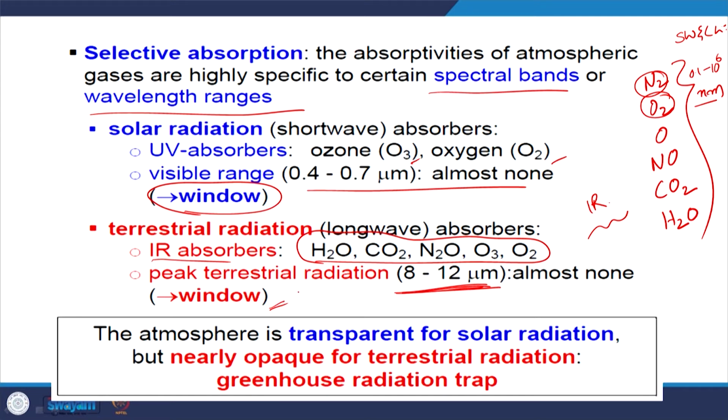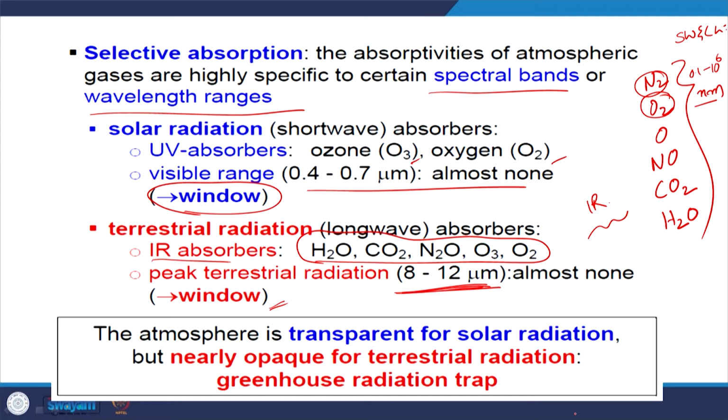What I am calling a window is a particular range of lambda for which the atmosphere is transparent. If I shine visible radiation in the atmosphere, nothing is absorbing. The entire atmosphere is like a transparent glass which is not absorbing anything. And it is the same thing for this peak terrestrial radiation, 8 to 12 micrometers, the wavelength range which is least absorbed by any greenhouse gases.